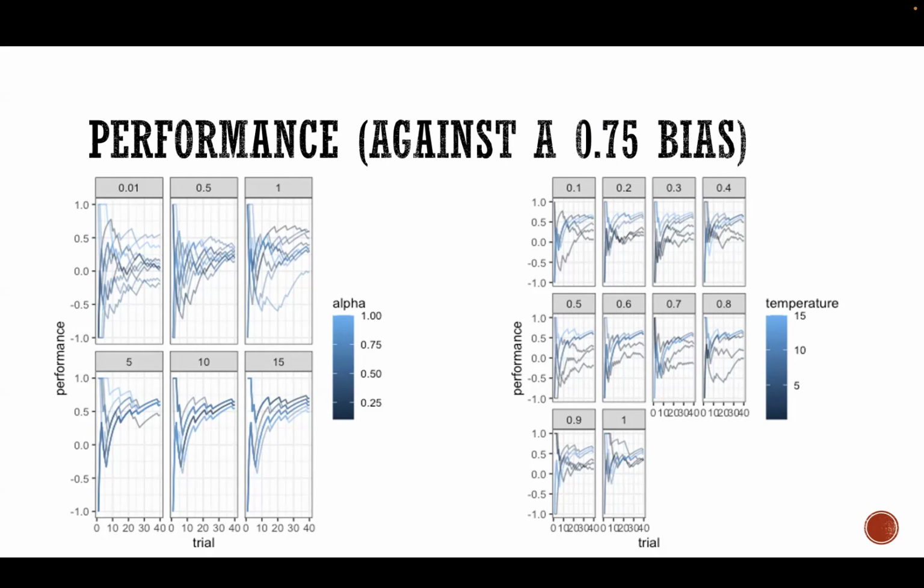If we go to a very high inverse temperature, that is very low exploration, instead they're organized in a much more linear way, where low learning rates are actually better performing because they don't get swayed by these occasional spikes of ones.